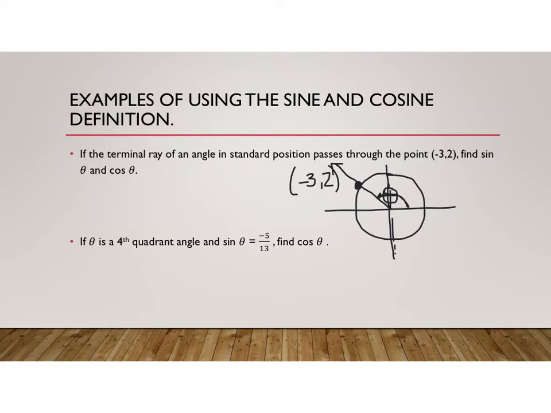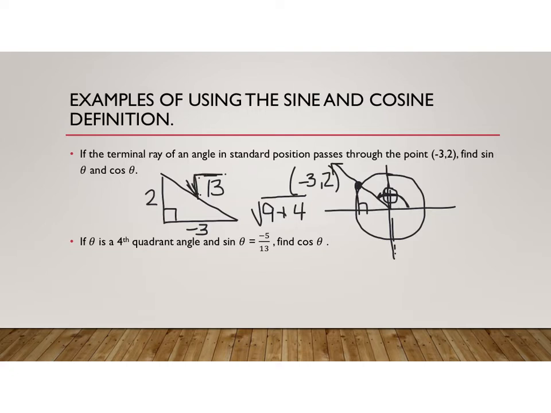We can solve this by dropping this straight down, forming a right triangle. That right triangle would look like this. This x is negative 3, my y is 2, and then using the Pythagorean theorem, a squared, which would be 9, plus b squared, which would be 4, I would take the square root of that. So that means my radius, or my hypotenuse, would be the square root of 13.